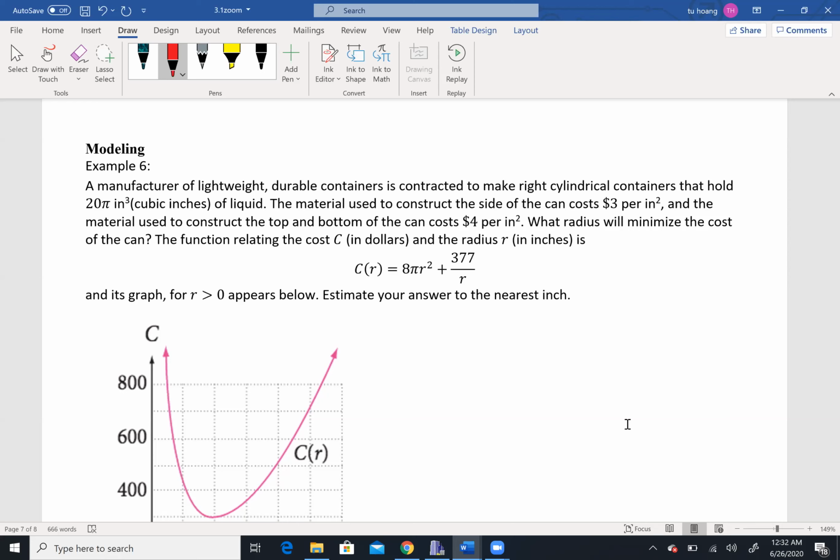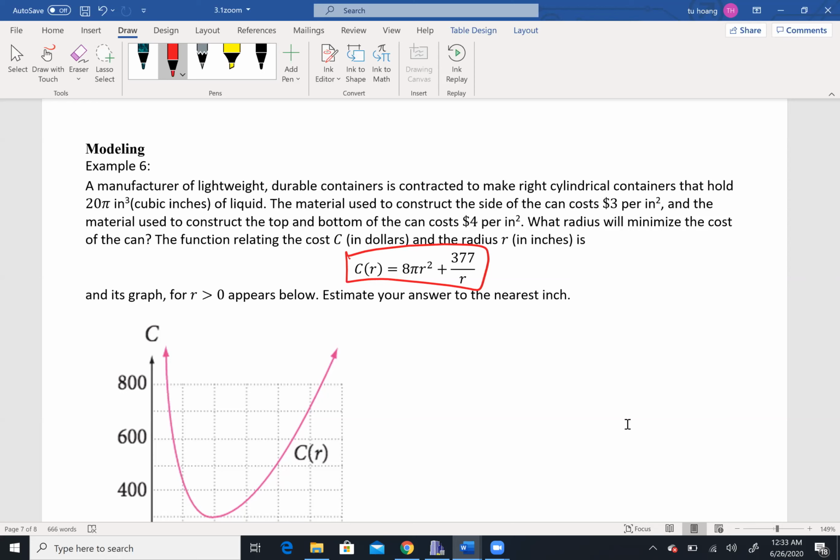The function relating the cost, C in dollars, and the radius, r in inches, is C(r) equal to 8 pi r squared plus 377 over r.